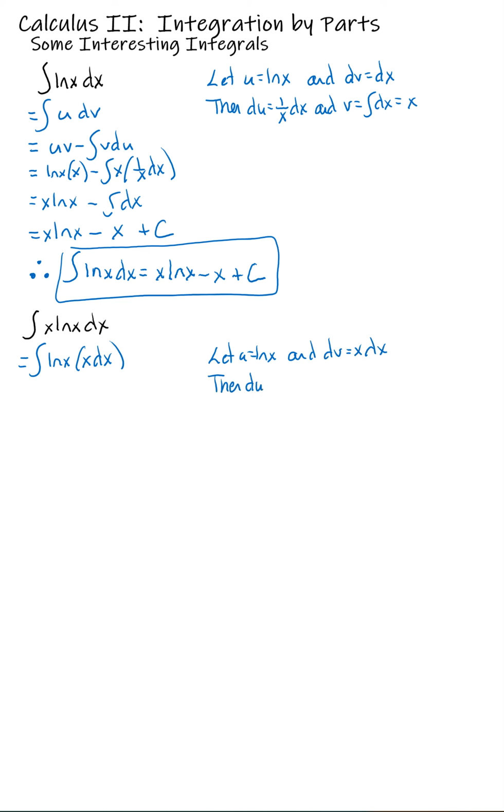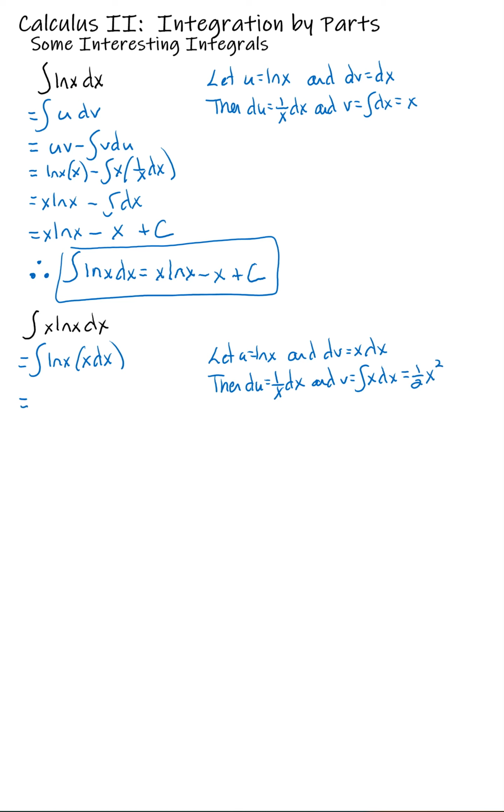Then du is 1 over x dx. Again, you can write that as dx over x if you prefer. And v would be the integral of x dx. Oh, well, I can do that quite simply. That's x squared over 2, or 1/2 x squared. Again, that arbitrary constant I'll combine over in my problem.